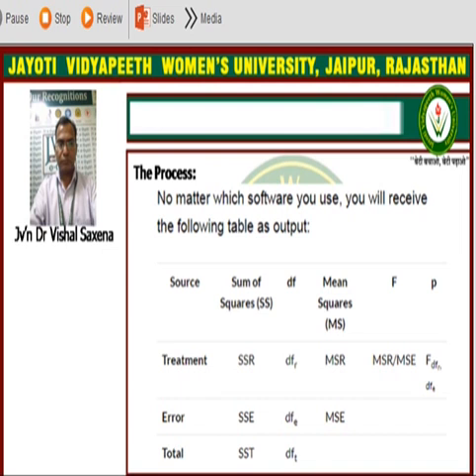Then P is given by F with DFR comma DFE. So that is P. Now what are these notations?